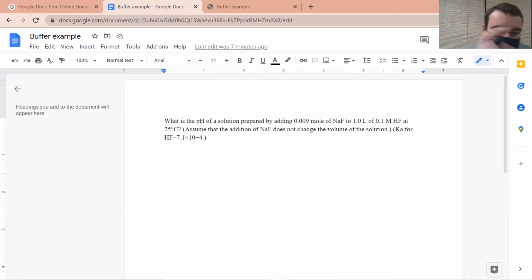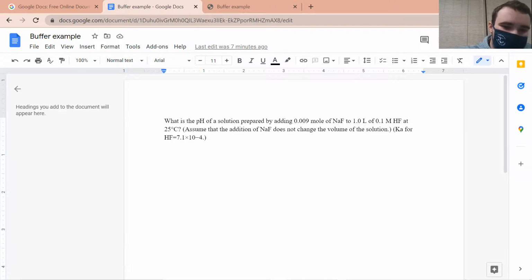Okay. So remember before we calculated our initial concentration of the weak acid. We know that it's going to lose some because it's being consumed.